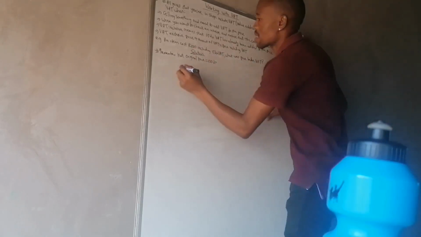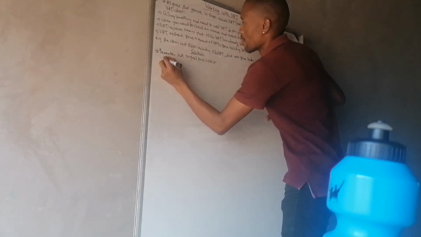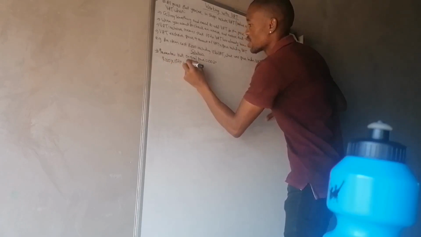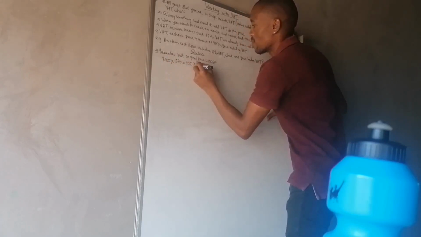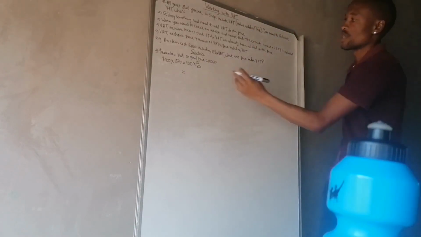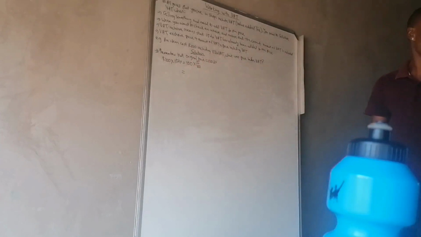So I can say 100 rand multiplied by 15%, which is 100 multiplied by 15 over 100. That gives 15 rand.